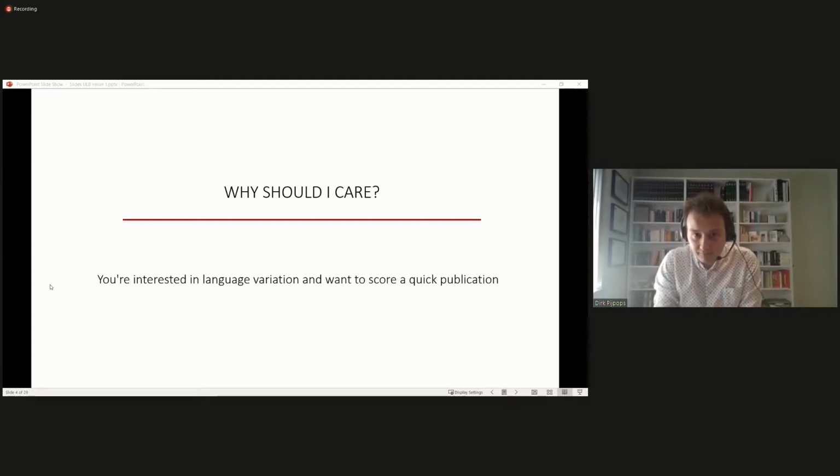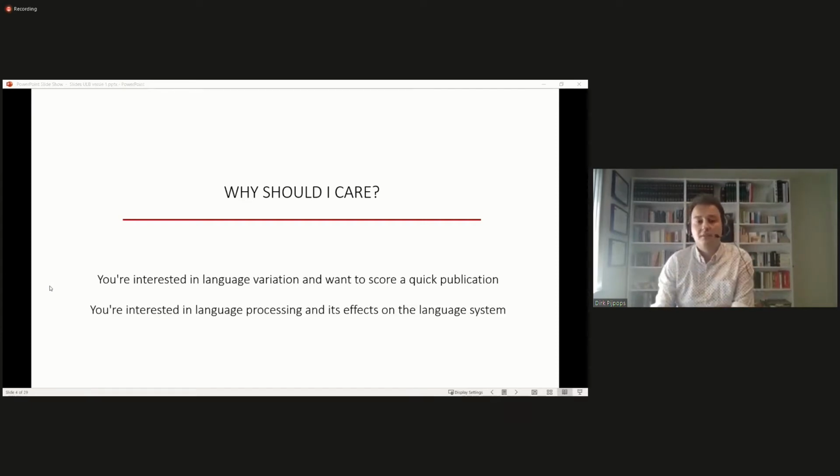That's great. But even if you're not interested in language variation at all and you don't care about publishing, then you might still be interested in constructional contamination if you're interested in language processing and the effects that it has on the language system.